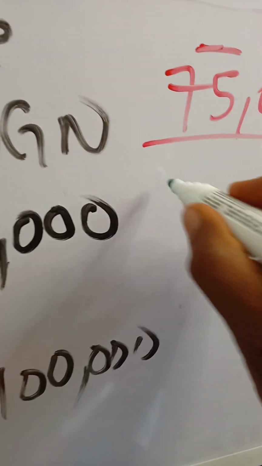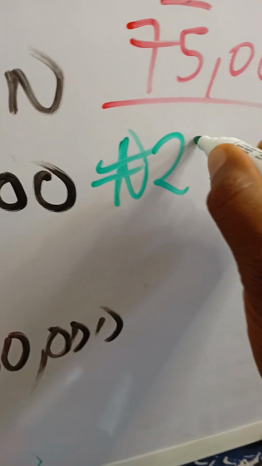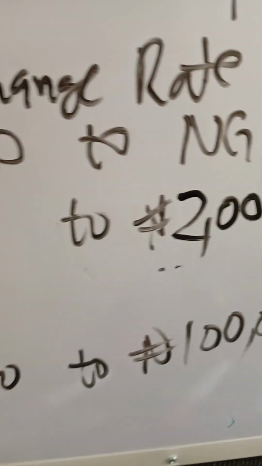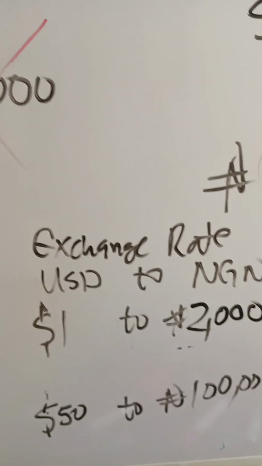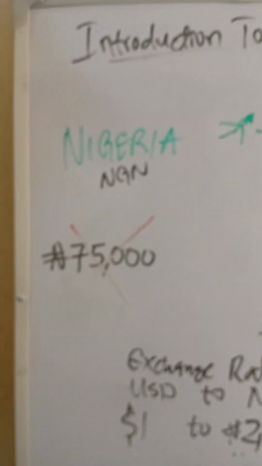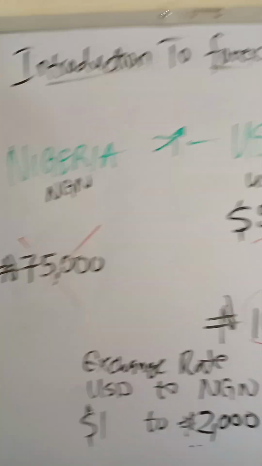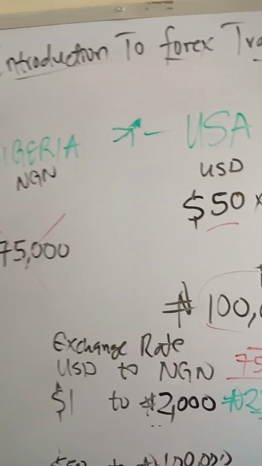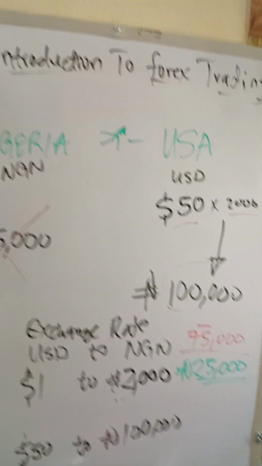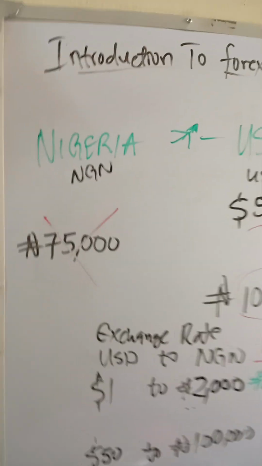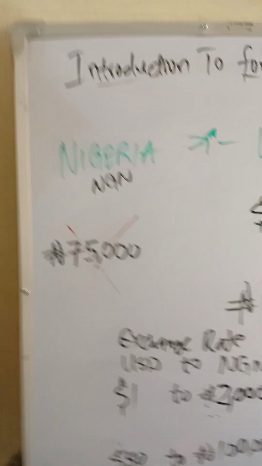So what will be left with you is 25,000 naira. That's what will be left with you after converting this your exchange rate to naira. So now you can see you just made a profit of 25,000 naira. That is the profit you just made. So you can see we just made money. That's how trading, that's what Forex is all about. It's as simple and as easy as that.